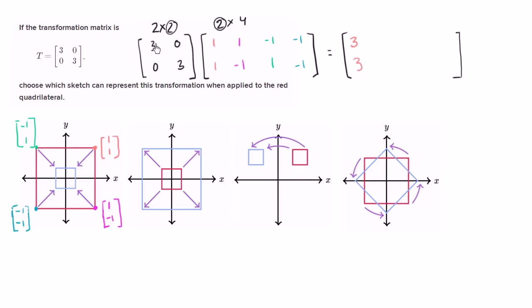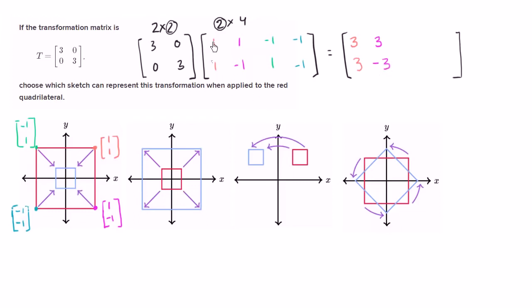Over here, 3 times 1 plus 0 times -1 is just 3. And for the y coordinate each time, we're only involving the y coordinate of the point before transformation. 0 times 1 is 0, and then it's just 3 times -1, which is -3.